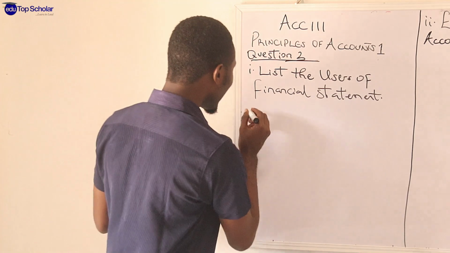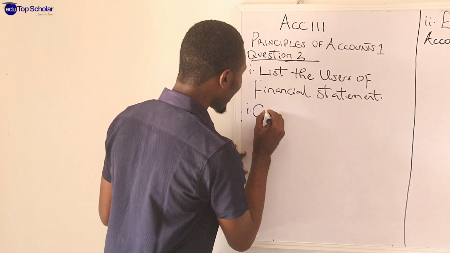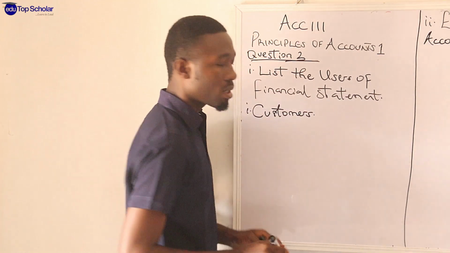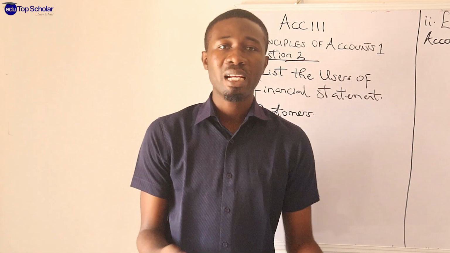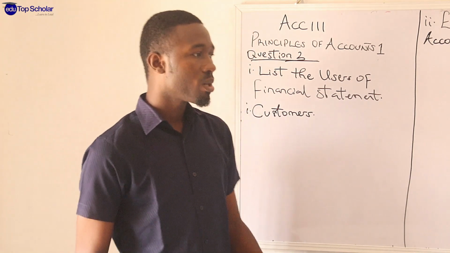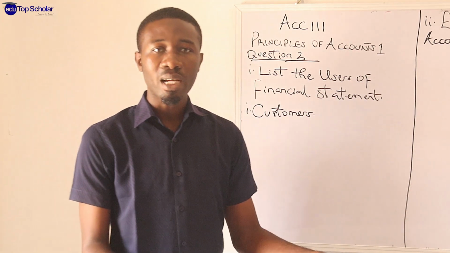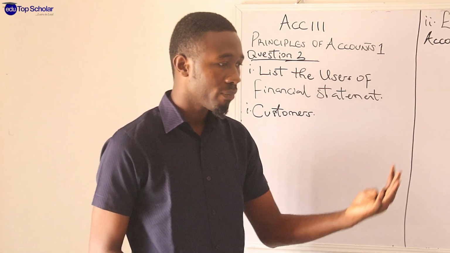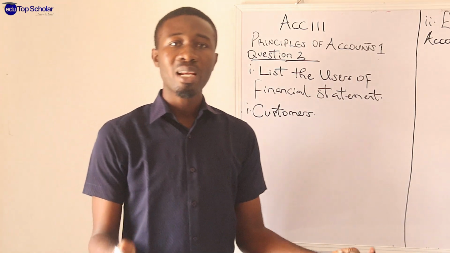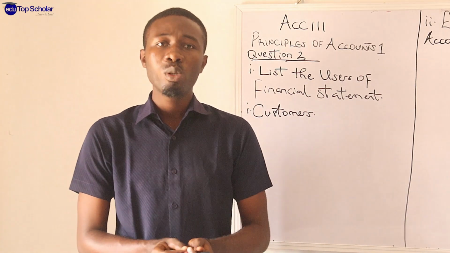Now, the number 1 person that needs that is the customers. The customers need these financial statements, the accounts. They want to see whether they can purchase from you or they cannot purchase from you. They just want to see, okay, are you doing well? For instance, banks, when they prepare their financial statement, maybe you use Zenith Bank.